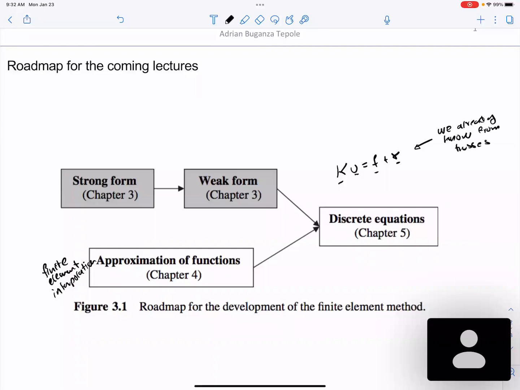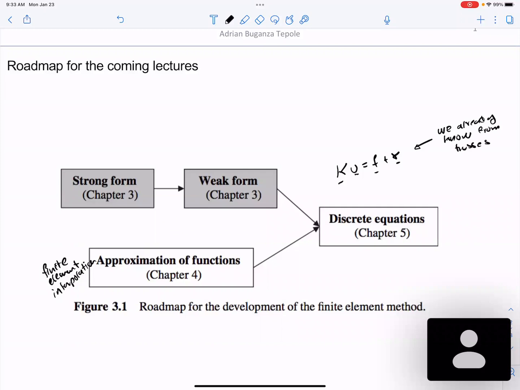Actually, the reason why we started with the trusses is because it was a good way to start with a system that is already a discrete system. You already have just sum of forces, you have well-defined elements. And then just to get a little bit familiar with this idea of giving an element equation, how to assemble that into the global system of equations and how to solve that. So that's why we started there.